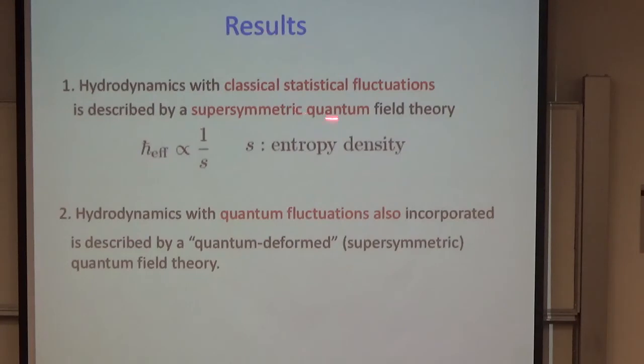Even though it's a classical statistical fluctuation, it is described by quantum field theory, and the H bar in this quantum field theory is essentially what controls the statistical fluctuations, one over the entropy. But if you want to include quantum fluctuations, the story is more complicated, because this theory already is a quantum field theory with an effective H bar. Now you have to add another H bar, and somehow it's a quantum deformed quantum field theory. That tells you the quantum correction to hydrodynamics is highly important.